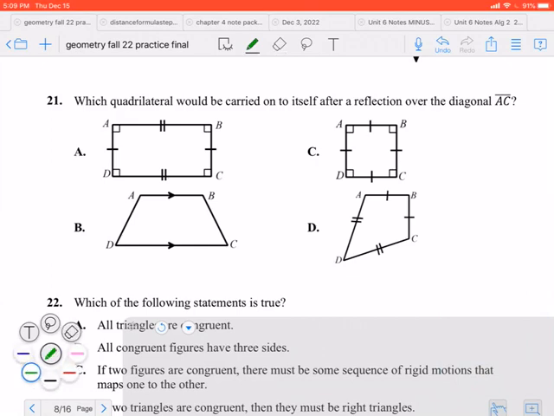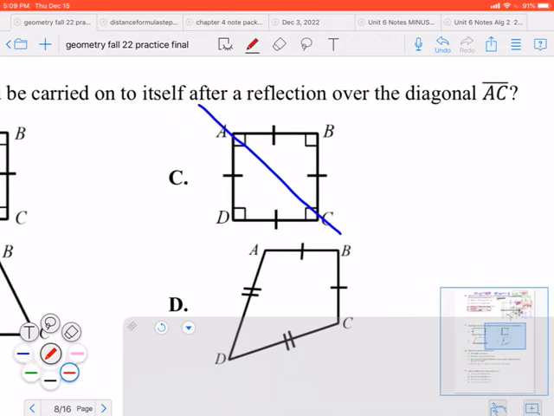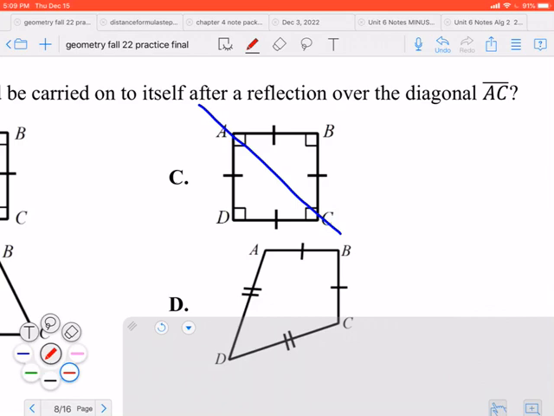I feel like the best way is to just show you, because letter C is standing out to me as the answer, and then it will make sense what carried onto itself might mean. So the diagonal AC is where we're going to make the reflection over.